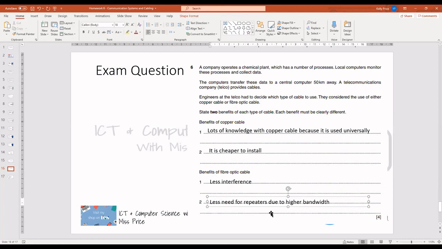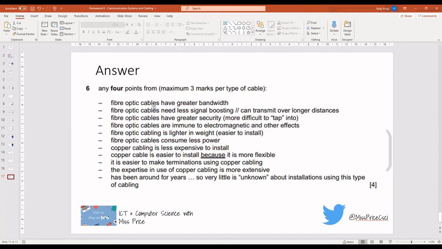Okay, right, so let's check my answers. Fibre optic cables that have greater bandwidth, yes. Need less signal boosting, good, I had that then. Immune to electromagnetic and other effects, lightweight, less power consuming. So I put greater bandwidth. What was the other thing I put?